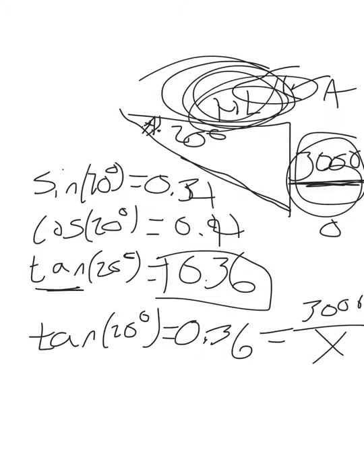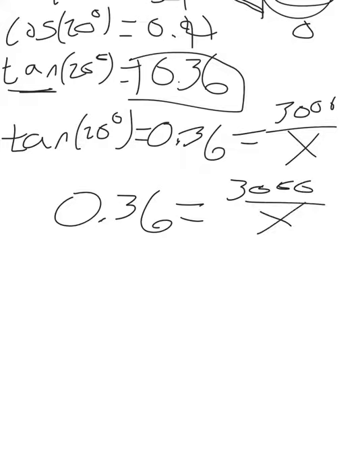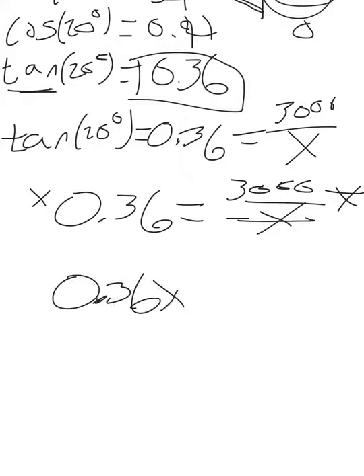Alright, now we just have to solve this. We've got the equation 0.36 is equal to 3,000 over x. I'm going to multiply each side by x, because we don't want our variable in the denominator, and that cancels out the x's over here. Now on the left side, I'm left with 0.36x equal to 3,000.